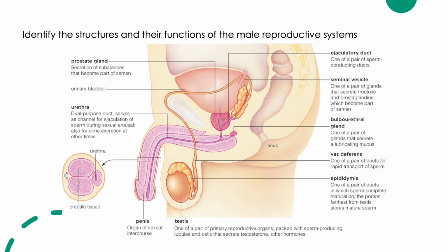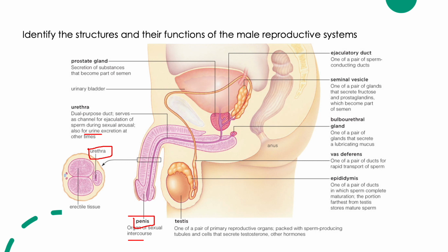In this one we have the labeling and the functions also. First of all, we have the copulatory organ, the penis. After that we have the urethra, which is a tube that passes the sperm as well as the urine out of the body. At the same time, sperm as well as urine can go out.